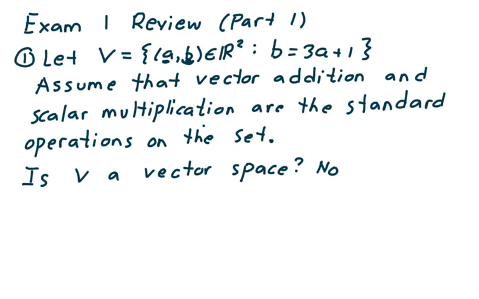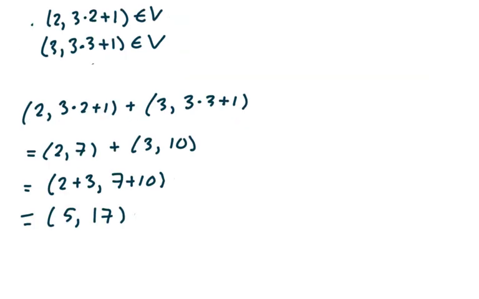The answer is no. Now, if I look at the vector where the first component is 2 and the second component is 3 times 2 plus 1, that vector belongs to V. And the vector in which the first component is 3 and the second component is 3 times 3 plus 1, that also belongs to V. But when we add these two vectors up, this is equal to the vector (2, 7) plus the vector (3, 10).